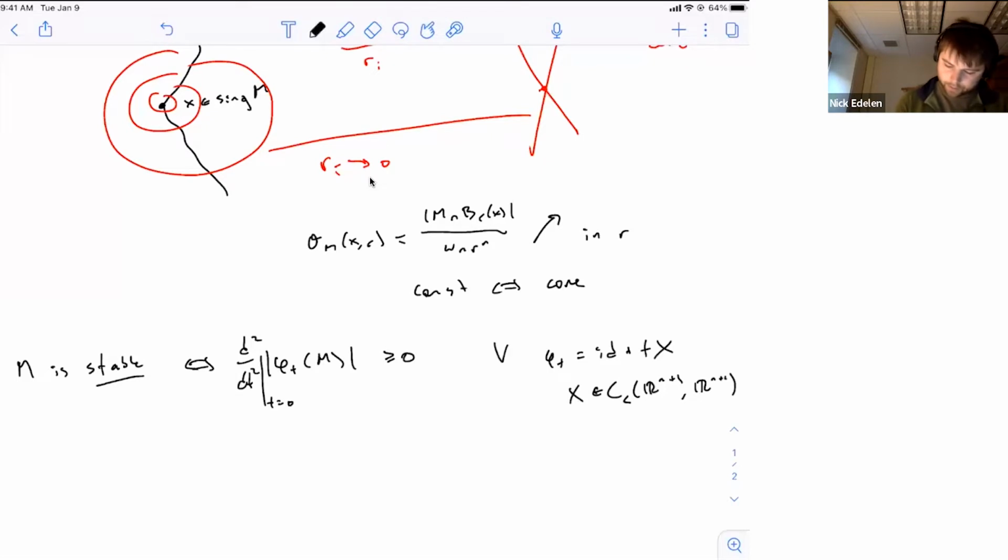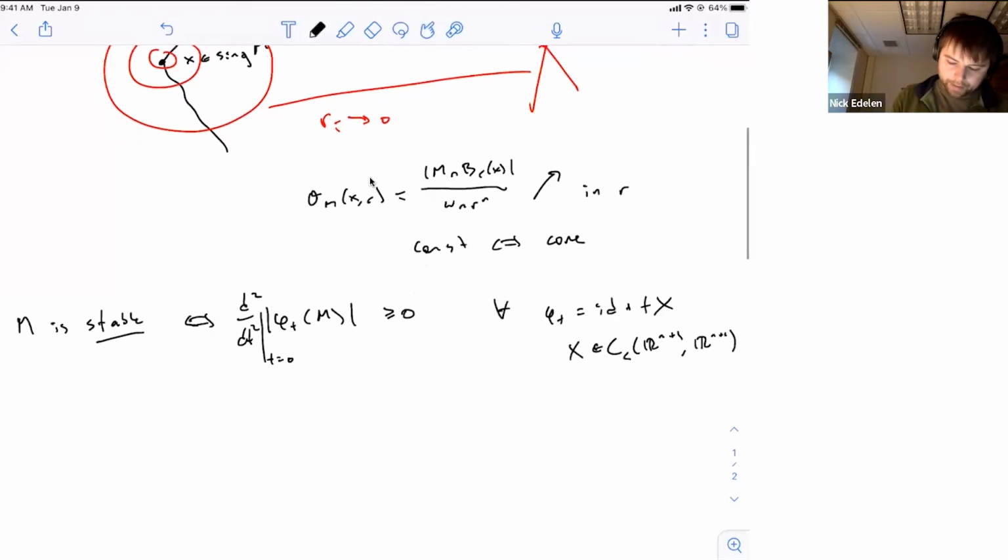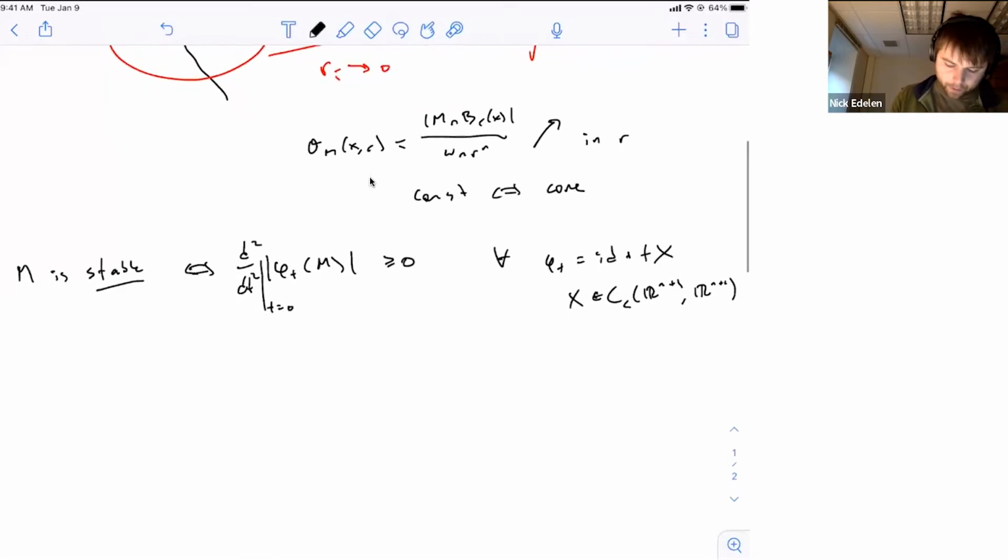And this is for all compactly supported deformations. And right, so that's stable.